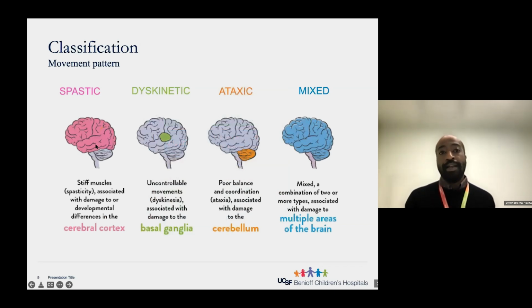You can also describe a child with cerebral palsy by their movement pattern. Here you see 4 different movement patterns: spastic, dyskinetic, ataxic, and mixed.